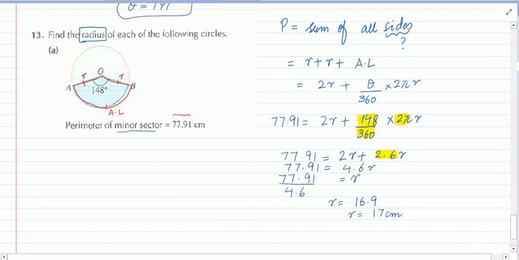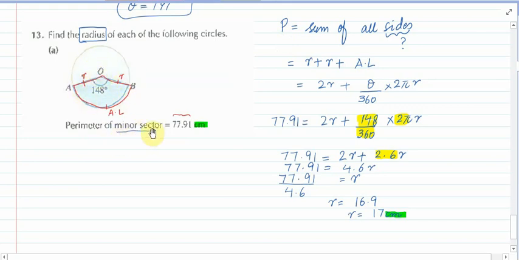Now why it is centimeter? Because that unit is defined in the question, right? So now such type of questions are difficult for some students. There are two important steps. The first thing, whatever condition is given to you, you have to use this condition, and after that you need to identify what the perimeter is.